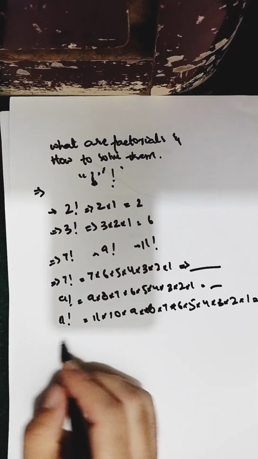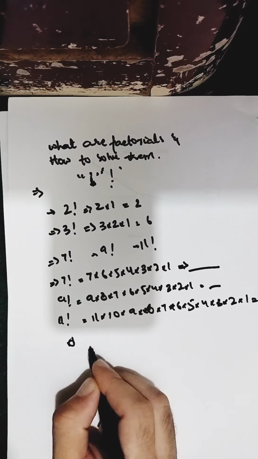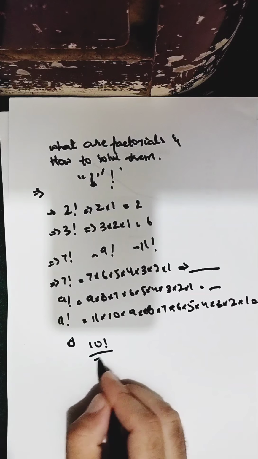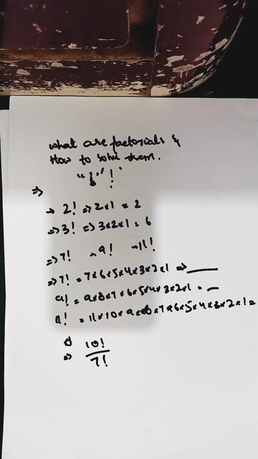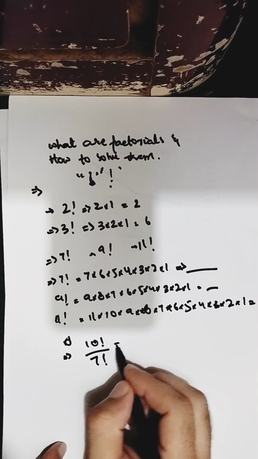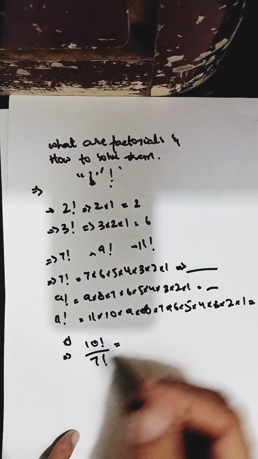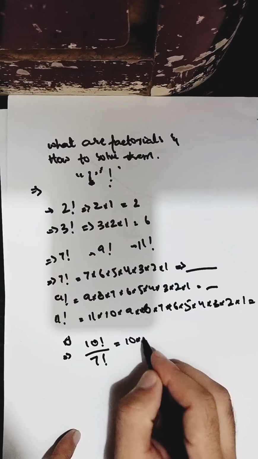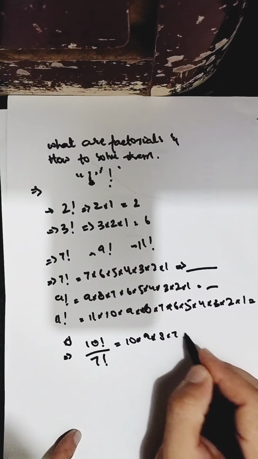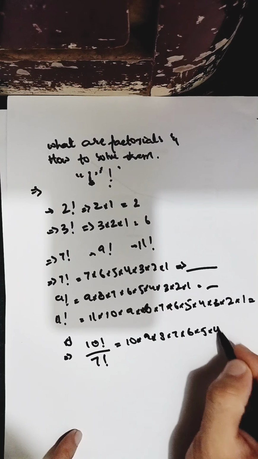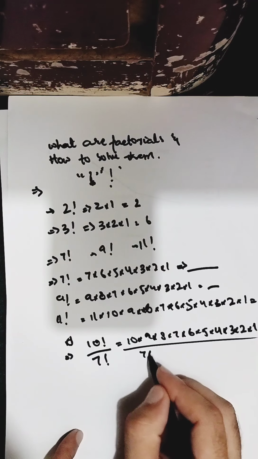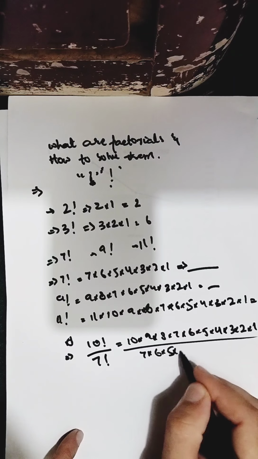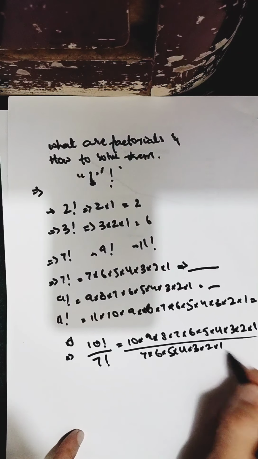Let's solve some more complex questions, like what will be the value of 10 factorial divided by 7 factorial? Now this is a very good question. So you will write what 10 factorial actually means. 10 factorial is 10 multiplied by 9 multiplied by 8 multiplied by 7 multiplied by 6 multiplied by 5 multiplied by 4 multiplied by 3 multiplied by 2 multiplied by 1, divided by 7 multiplied by 6 multiplied by 5 multiplied by 4 multiplied by 3 multiplied by 2 multiplied by 1.